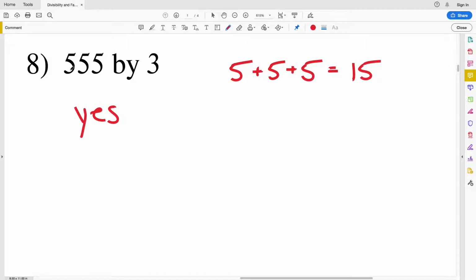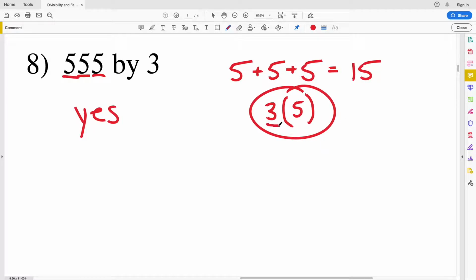Also, another trick for number 8 is because we have 3 5s, as opposed to writing this as 5 plus 5 plus 5, we could write it as 3 times 5. And we know that this number has a factor of 3 and 5, therefore whatever number we get as a result has to be divisible by 3, since we're using 3 to multiply to get that number.